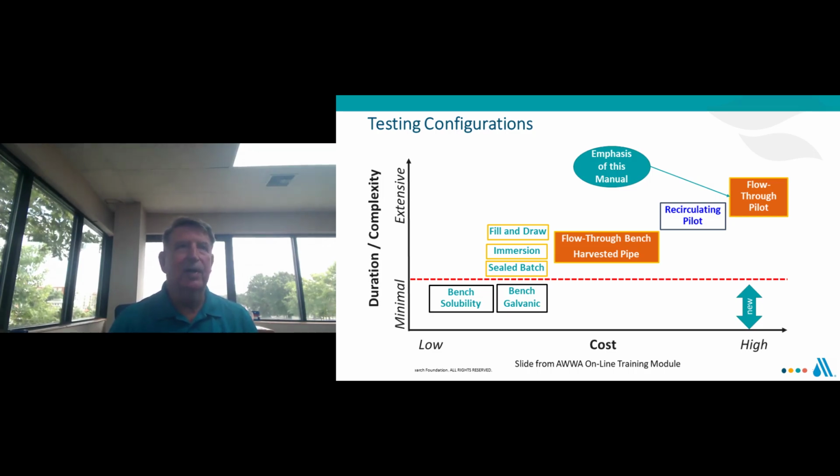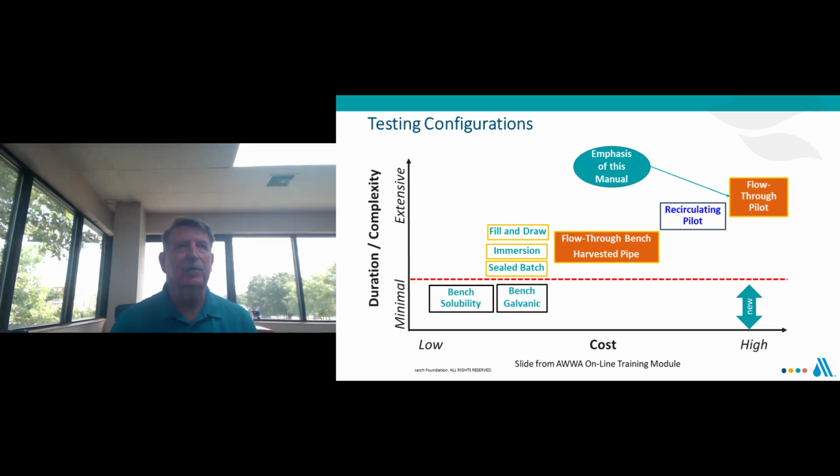This is just a little diagram showing some of the tests that are available to you and what you can do. Harvested pipe study tests are really required under the LCRI or the LCRR if you fall into certain circumstances and have to do those. But there are several other kinds of tests available, bench solubility tests being some of the very simplest.